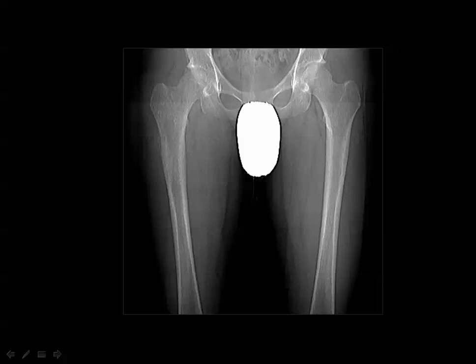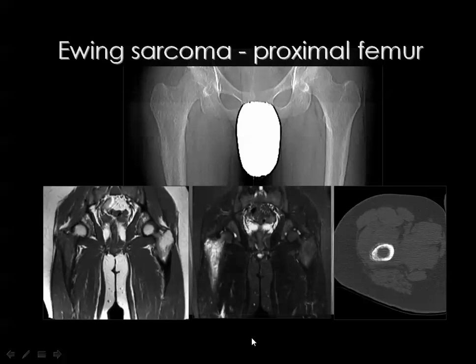Then, if you look carefully at this pelvis and the proximal femora, do you think the lesion is on the right or on the left? If you look carefully, then you can see that this femoral head is not of normal density, and also you can see that there is or there may be some soft tissue swelling here, and this is the CT and MRI of the same case.